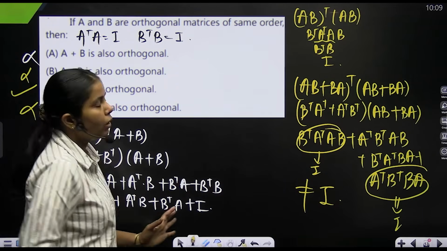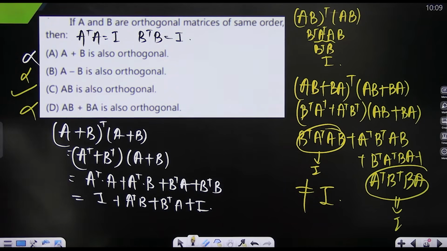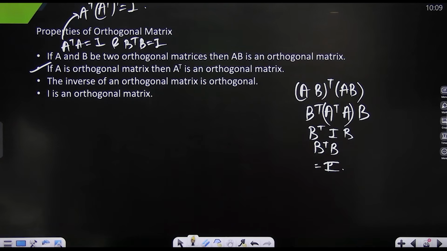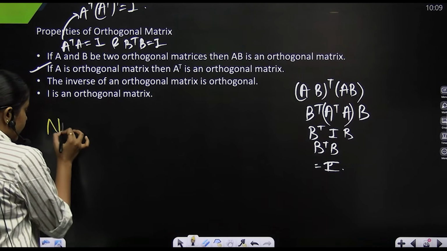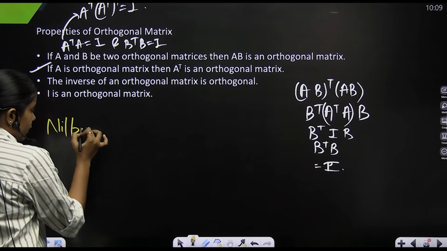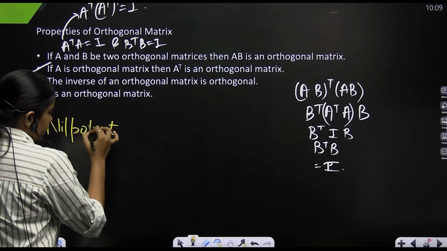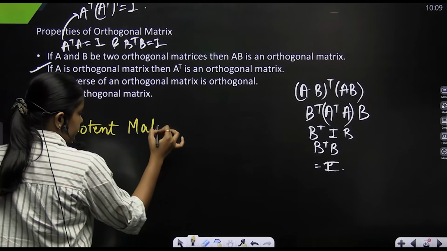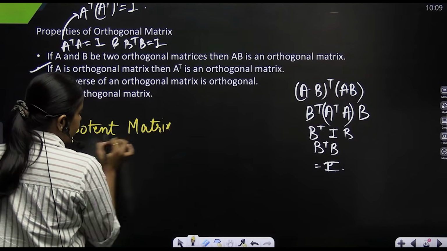So these are all the types of matrices I have. We have one another type of matrices which you need to remember. I am writing it here. That is your nilpotent matrix. That is not mentioned in the slide, so I am writing it here.